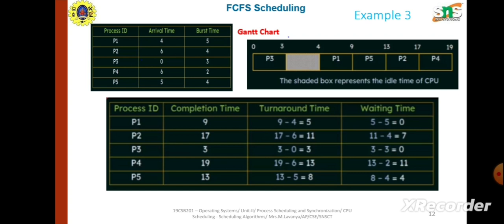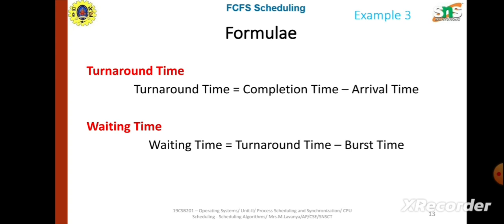The formula used to find the turnaround time and waiting time is given here. Turnaround time equals completion time minus arrival time. Then using that turnaround time, we will find the waiting time by subtracting the burst time from it. Let's find the turnaround time first.